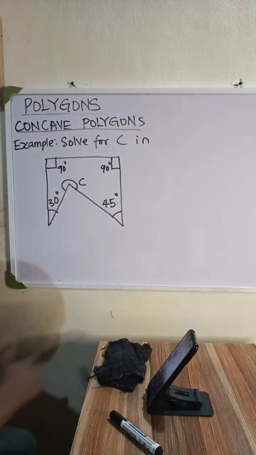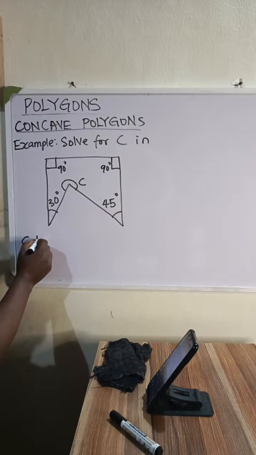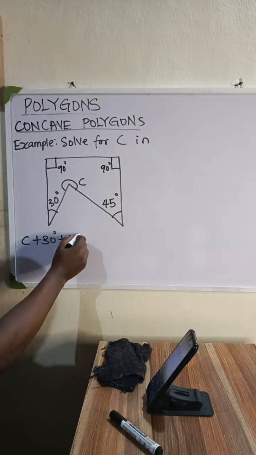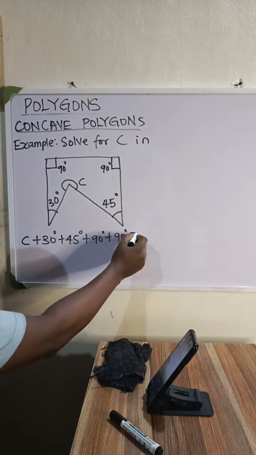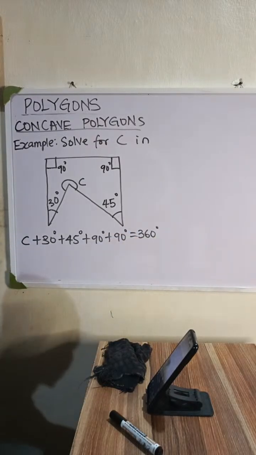So let's look at it. We have C plus 30 degrees plus 45 degrees plus 90 degrees plus 90 degrees is equal to 360 degrees. It seems Marcia and Humboldt have already gotten the answers. Okay, let's try to catch up.